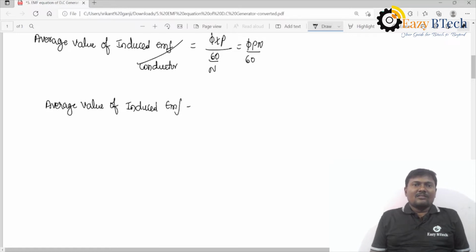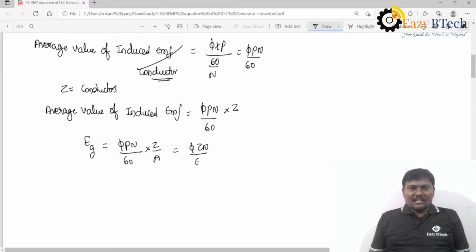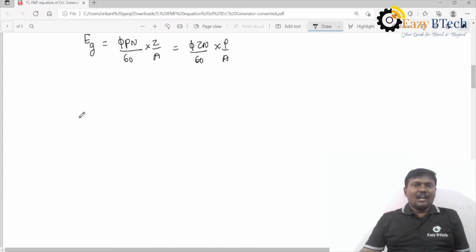The conductors are represented with Z. If it consists of Z number of conductors, multiply phi P N by 60 into Z. And one more term is missing: the average value of induced EMF is inversely proportional to parallel paths. So now your overall generated EMF equation is phi Z N by 60 into P by A.